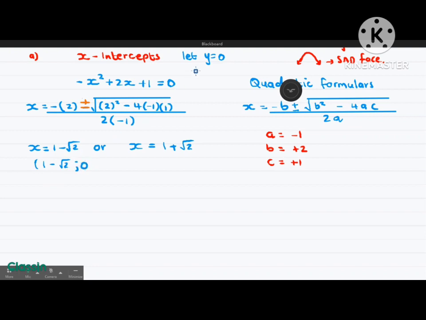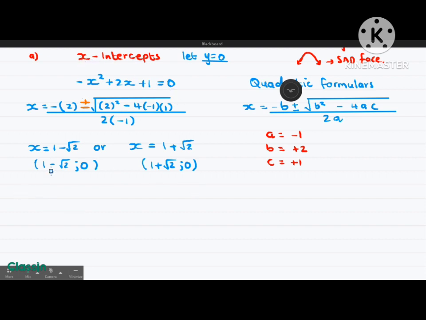Because we said let y equal 0. Then we close the bracket. You open another bracket here. We say 1 plus root of 2 and 0. For the very same reason, we put 0 because we said let y equal 0. Once you're done with this, you have identified the x-intercepts.